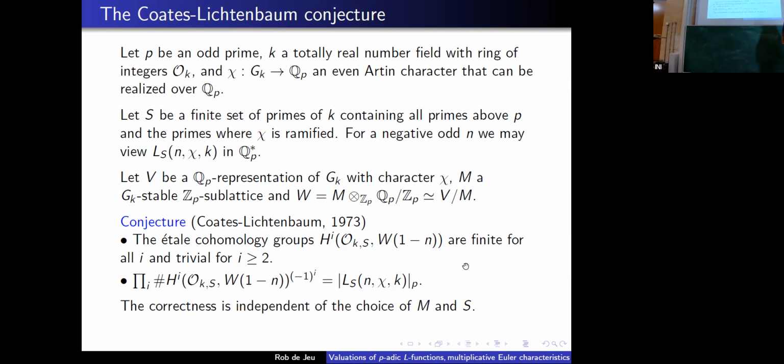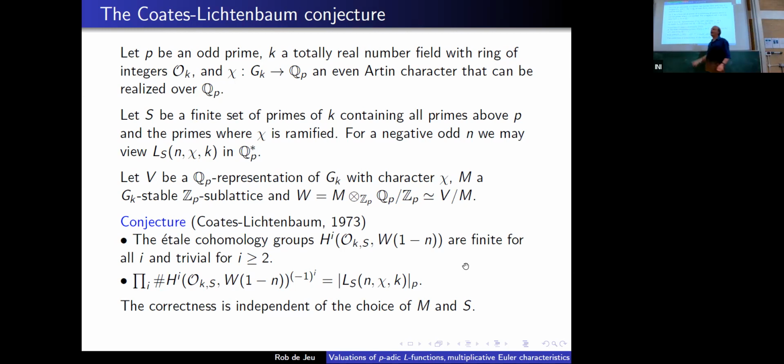And then they do a little trick. If you look at a negative odd n, and the character is even, so every complex conjugation in the Galois group of k bar over k is going to act trivially. In that case, if you choose a map from Q_p bar to the complex numbers, then you can write down this particular alpha.